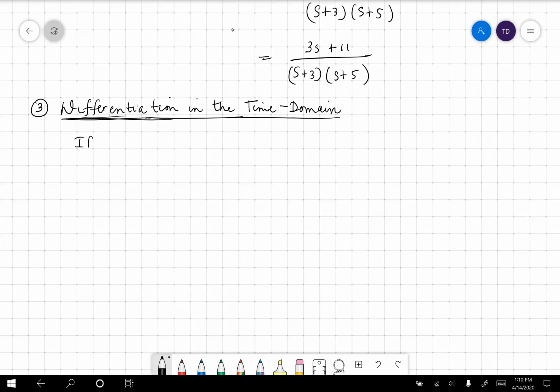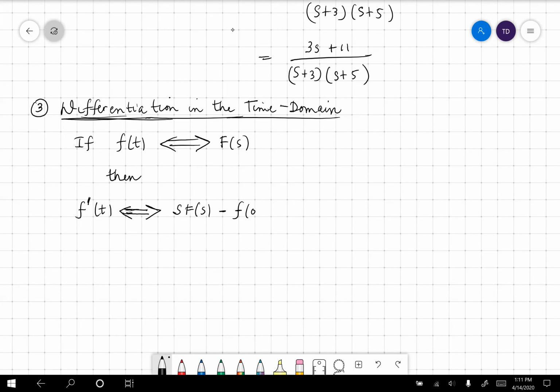It says, if a function f of t Laplace transforms into F of s, if it has a Laplace transform and F of s is its Laplace transform, then f prime of t, the derivative, Laplace transforms into s times F of s minus little f at 0.